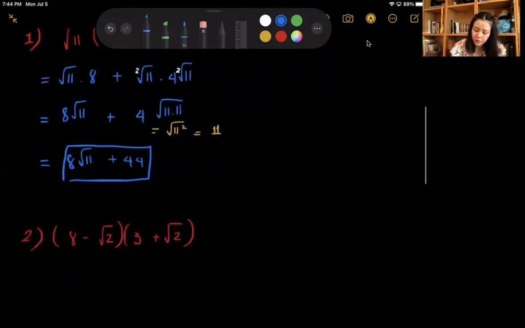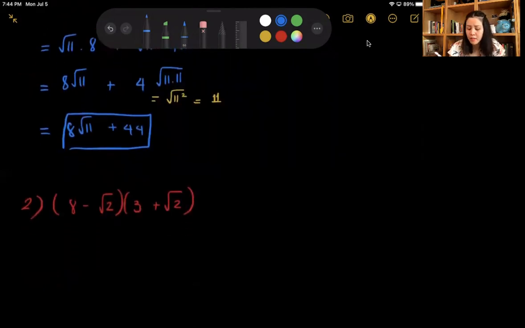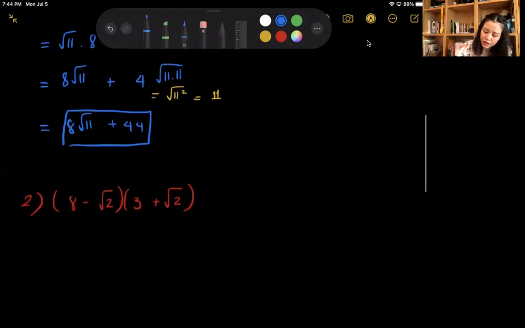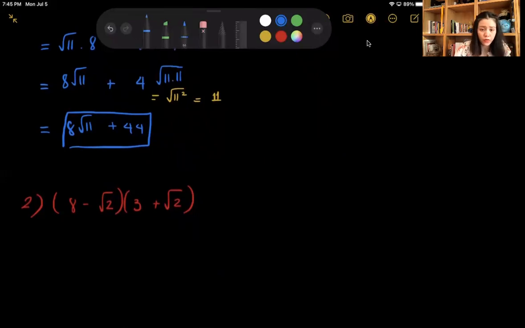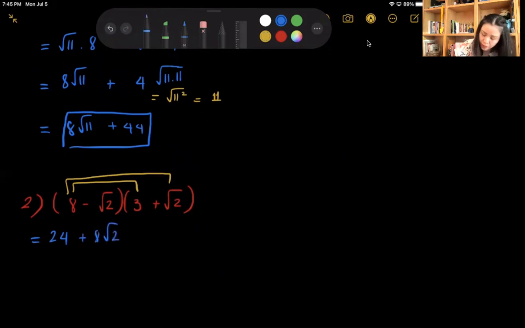Example number 2, I have quantity of 8 minus root 2 times quantity of 3 plus root 2. When I say root 2, I mean square root of 2. In this case, we're going to FOIL them out. First term, 8 times 3 is 24. The outer term, 8 times square root of 2 is positive 8 square root of 2.